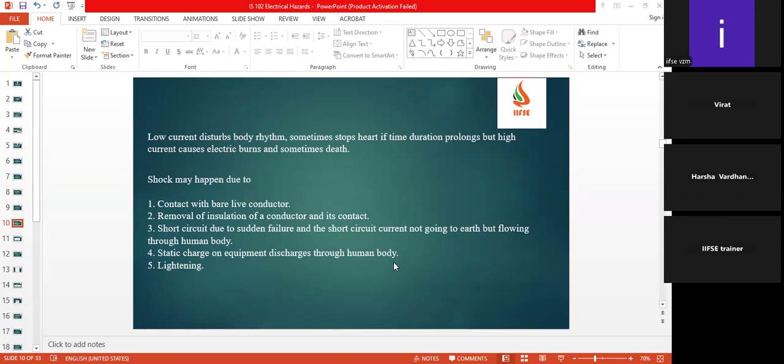Good insulators are dry wood, rubber, and plastic, in which there are no free electrons, so those materials act as insulators. When I say conductor, it will allow the electrons to pass, and the current will go from one end to the other end.